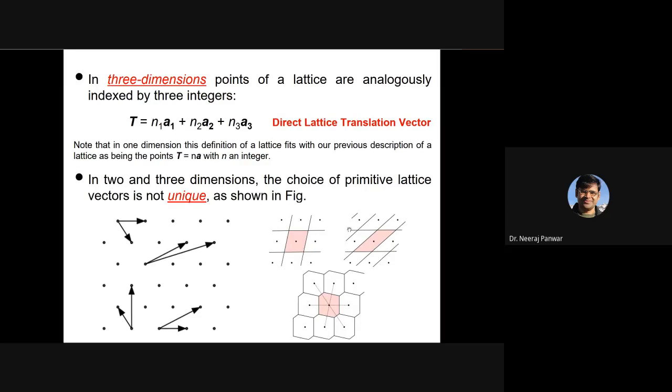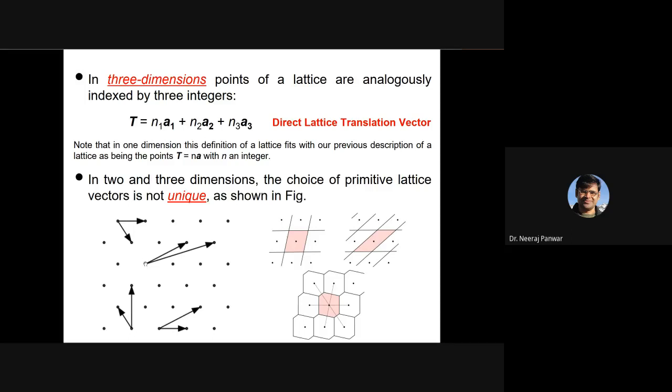Look at this picture, for example. Here we are choosing these vectors this way. This defines one translation vector, for example A1, and along this direction another basis vector. Not only this, we can choose this also.